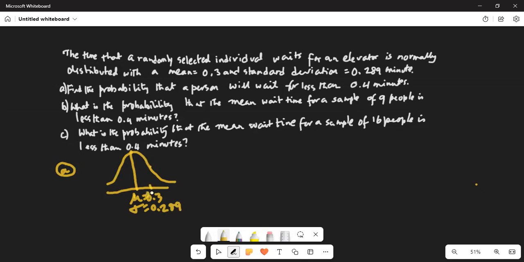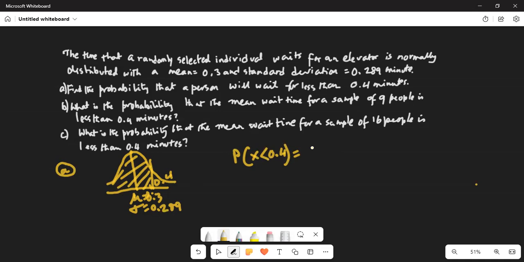If this is 0.4 over here, then less than 0.4 is this area. So the probability of x less than 0.4 is, I will use my TI-84 calculator.